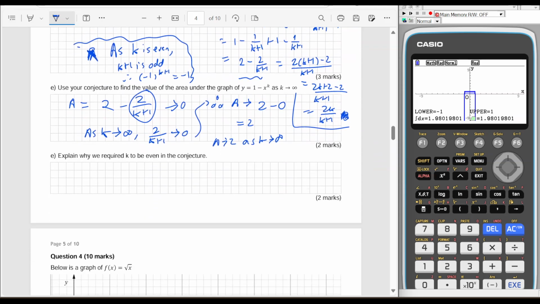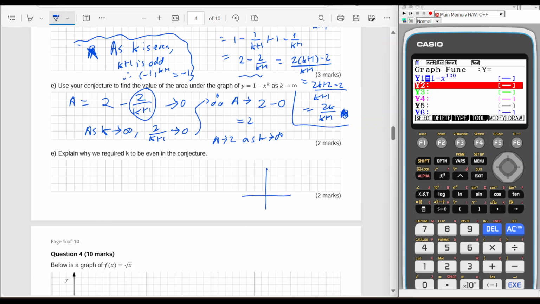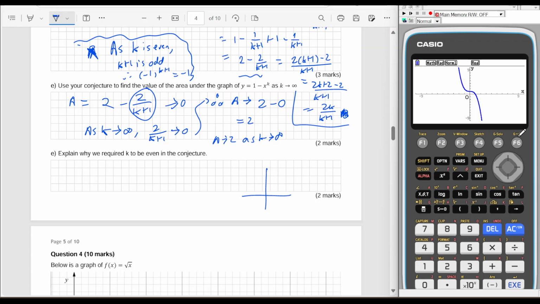Explain why k was required to be even. So if we look at the graph of like 1 take x cubed, and draw that, it looks something like this.